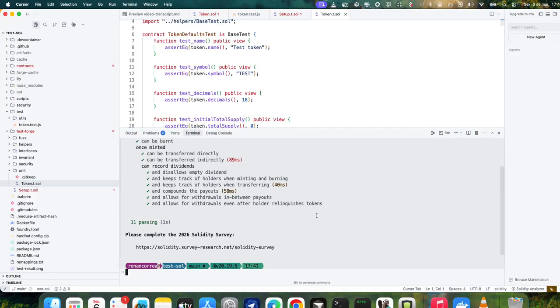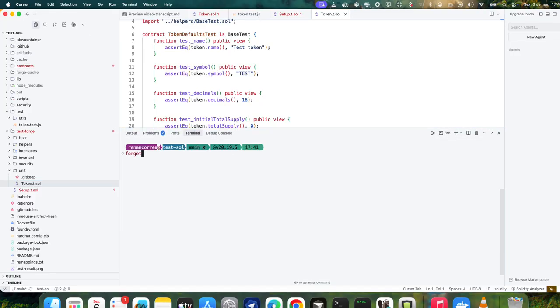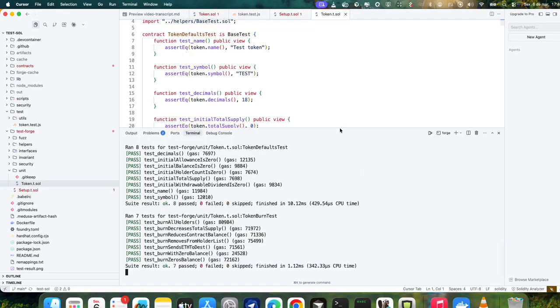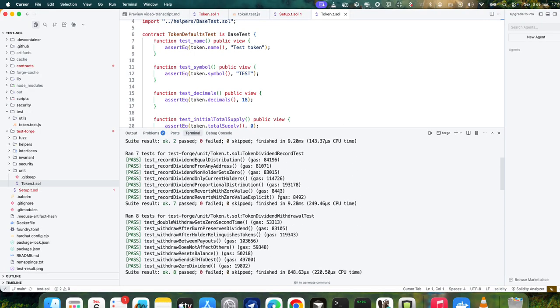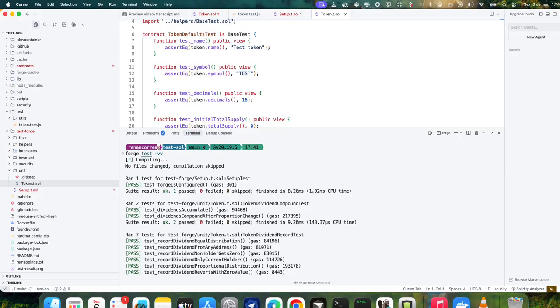I also wrote 7 fuzz tests with 1,000 randomized runs each. They use property-based testing to verify properties like: mint then burn always restores all balances to zero, transfers always preserve total supply, and dividends are always proportional to holdings.